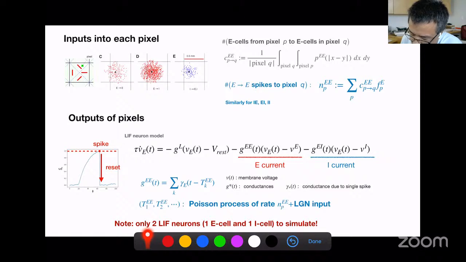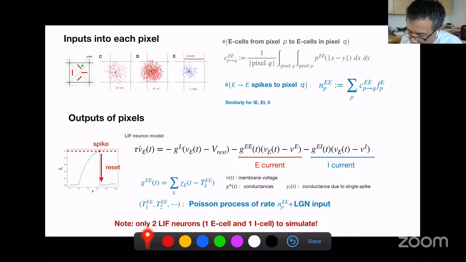I can use that to drive one of these leaky integrate-and-fire models to estimate a firing rate. In this way, if you tell me how many spikes of different types are coming into this pixel per unit time, then I can conduct a little simulation to estimate the firing rate that you're going to get as a result.